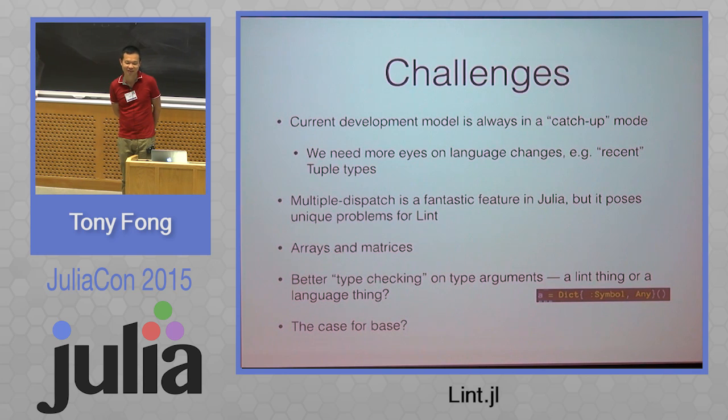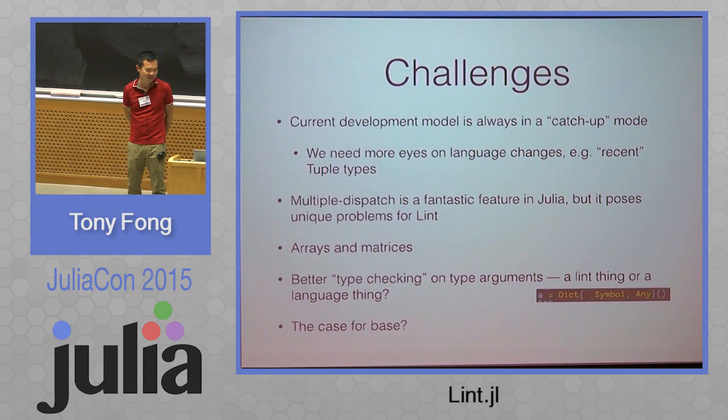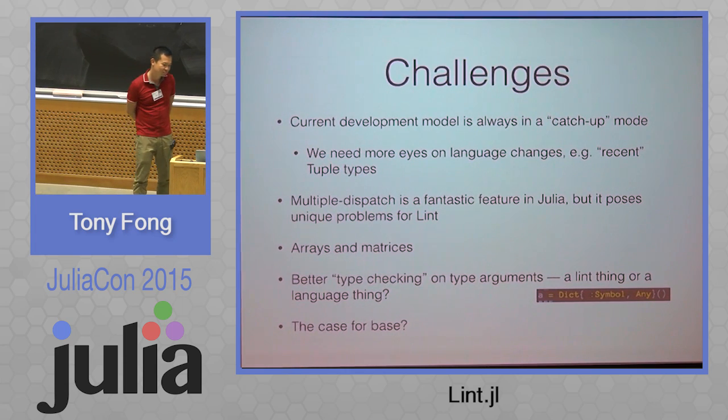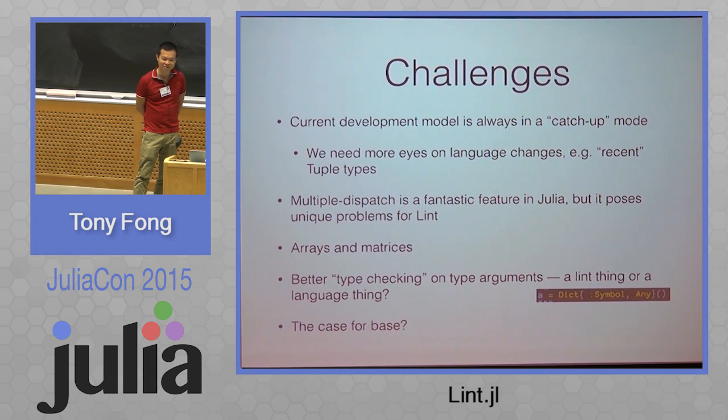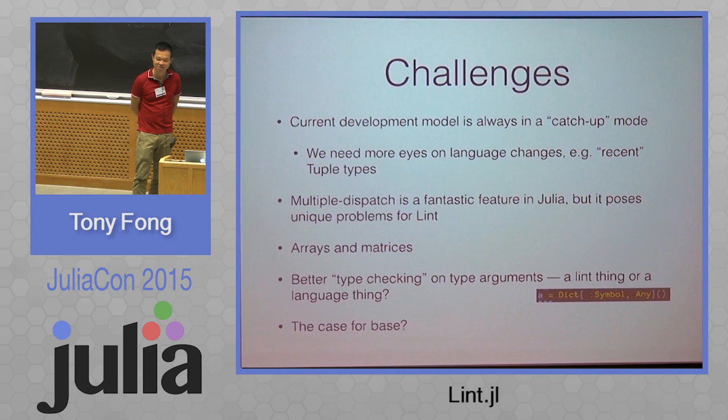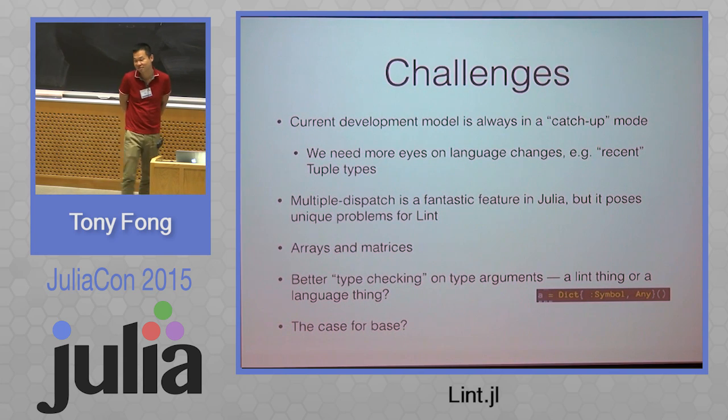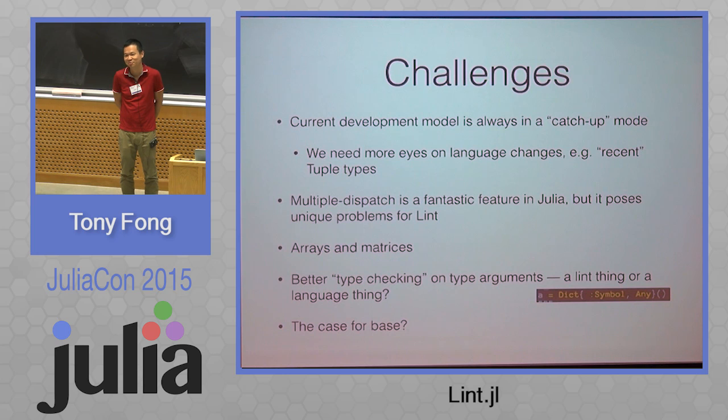It feels really unnatural to check it in Lint as well. But I don't know how to do it better. So that's also a little bit of an issue that is going to be a challenge for Lint. Or maybe it's not Lint's job to answer those kinds of questions. I don't know.